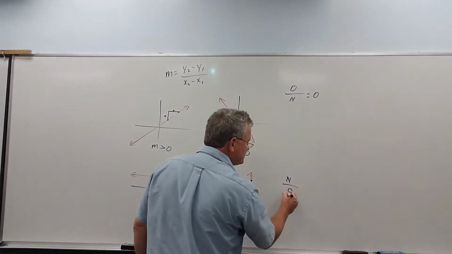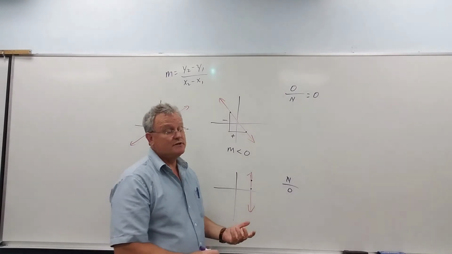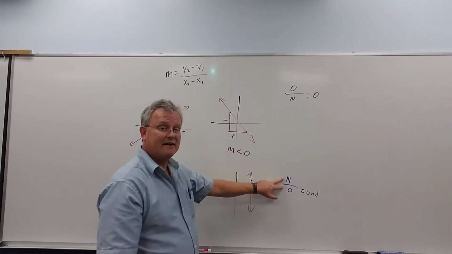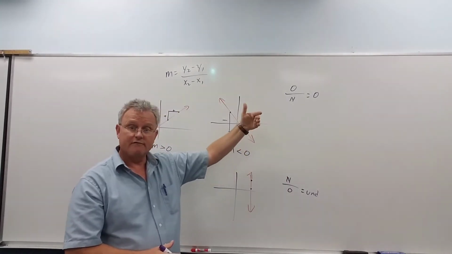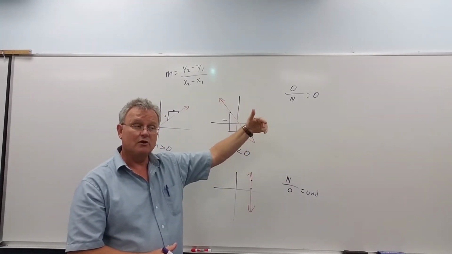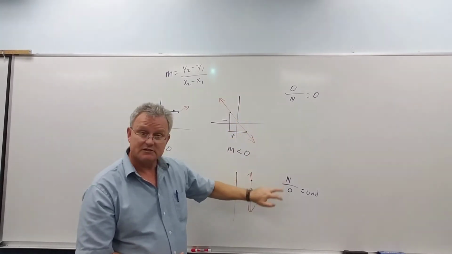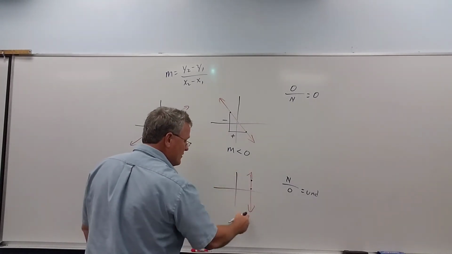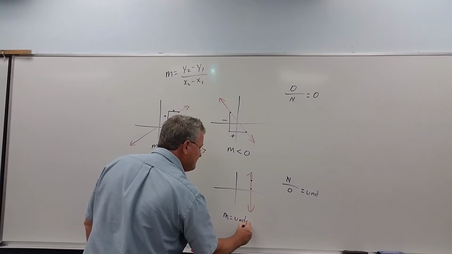The change in x is 0. But any number divided by 0 is undefined. And again, why is that undefined? Go back to the earlier video, one of the beginning videos under division with 0, and that'll explain why that's true. Anyways, for a vertical line, the slope is undefined.